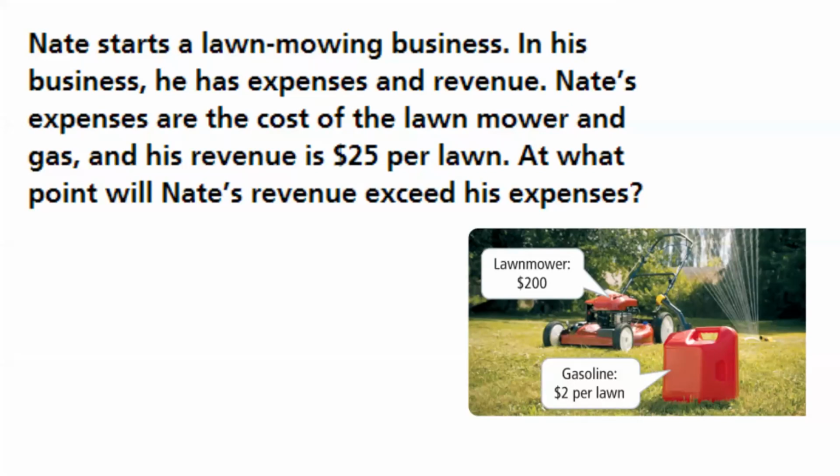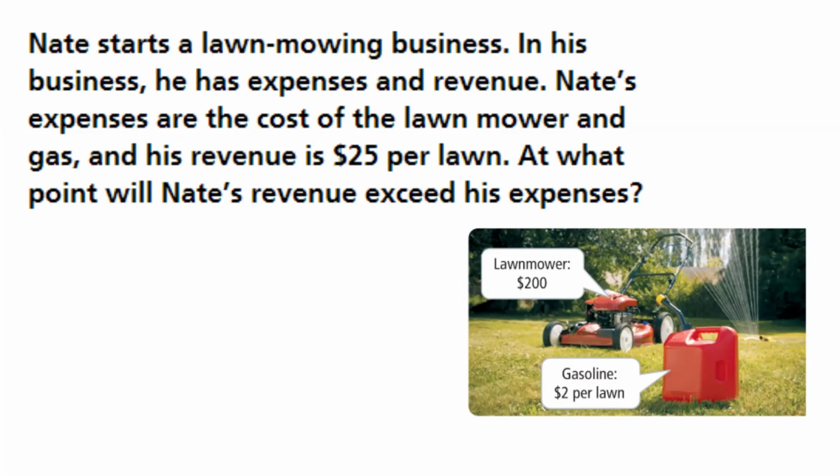In his business, he has expenses and revenue. Revenue means amount of money that he is making so that he can have profit. Nate's expenses are the cost of the lawnmower and gas, and his revenue is $25 per lawn. At what point will Nate's revenue exceed his expenses?